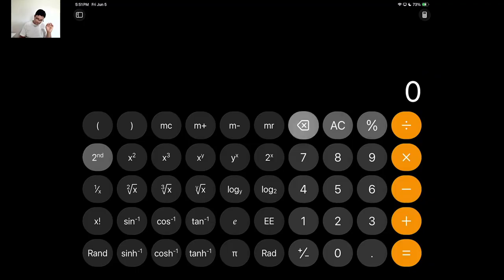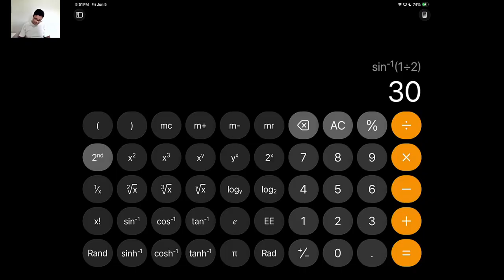So what you do now, sine inverse of 2 divided by, my bad, 0 does not help. I should have taken sine inverse of half. Sine 30 degrees is 1 over 2. So sine inverse of half should be 30 degrees. Okay, so we are in the degree mode.